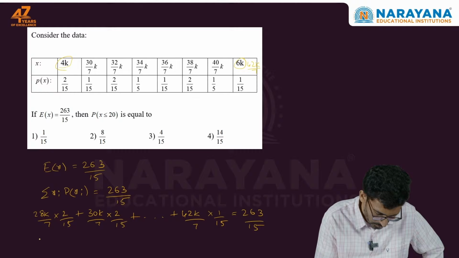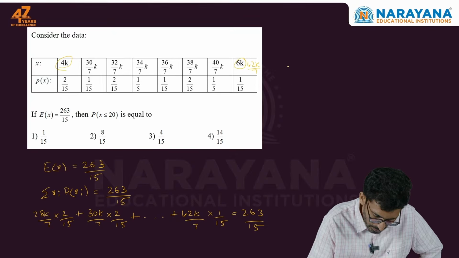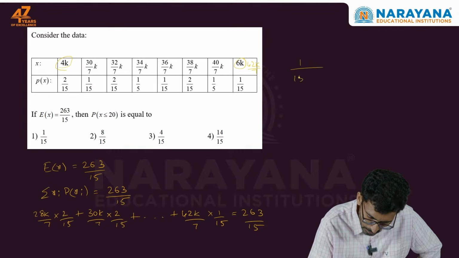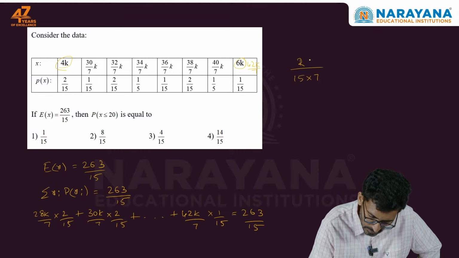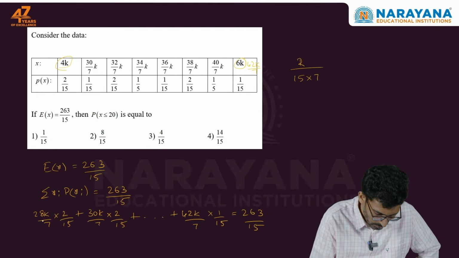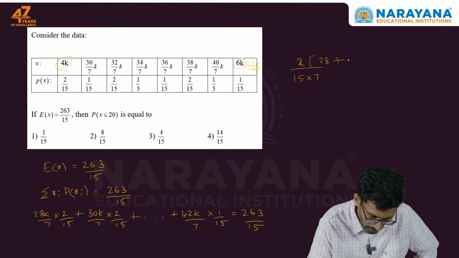So here I will take out the term 1 by 15 into 7, and 2 also I will take out. Okay, 2 into 28 plus 28 into 1 plus 28. I am taking out 2 in the numerator, so we are getting 30.